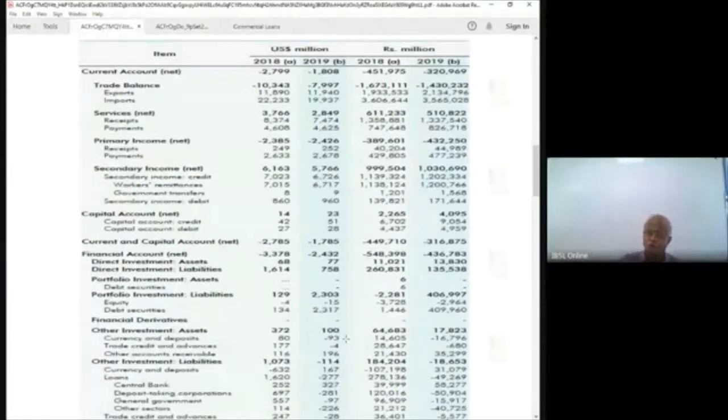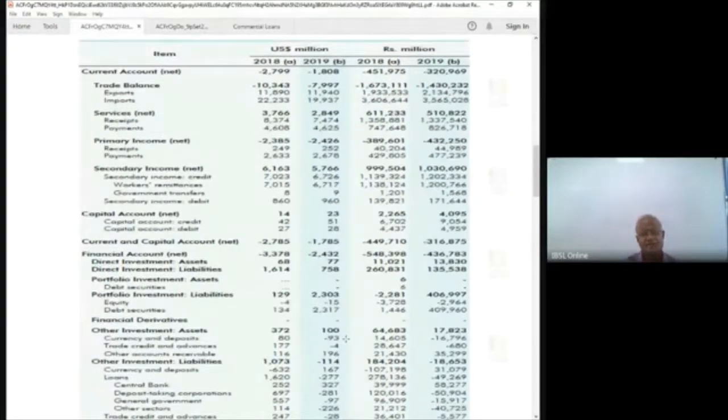So inflow, outflow: export earnings inflow, import expenditure outflow, tourist receipts inflow, tourist payments outflow, primary income receipts inflow, payments outflow, work remittances inflow, payments outflow. Then the capital account is a very small amount. I'll come to that point again.